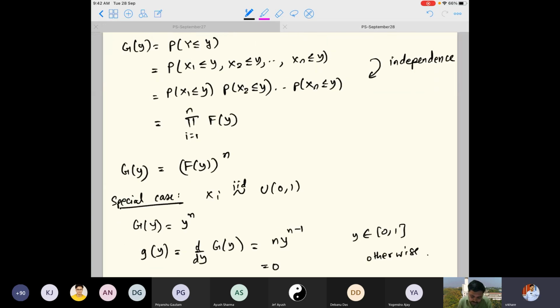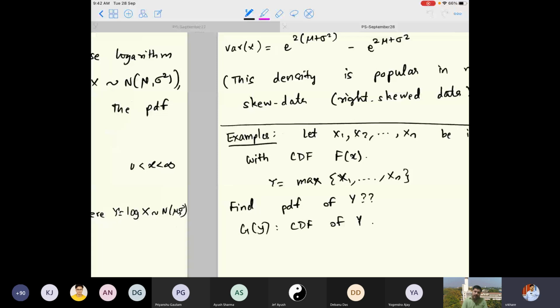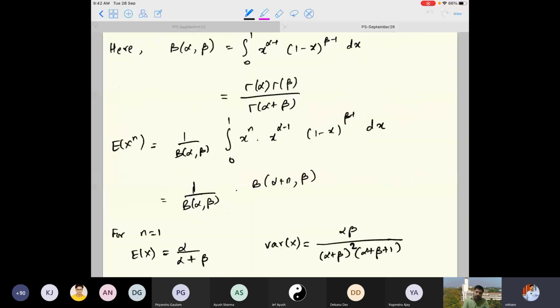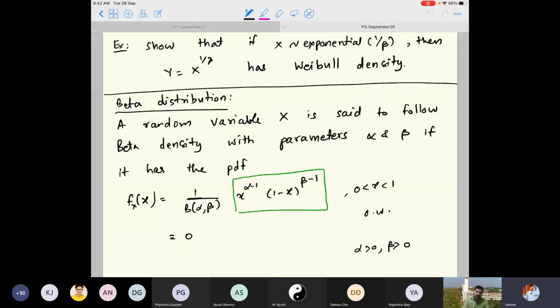What was the beta density that you wrote down? The beta density that you wrote down was here, right? It is 1 upon B(alpha, beta) times x to the power alpha minus 1, times (1 minus x) to the power beta minus 1. You take alpha equal to n here, so you have x to the power n minus 1, and you take beta equal to 1, so you have (1 minus x) to the power 0.